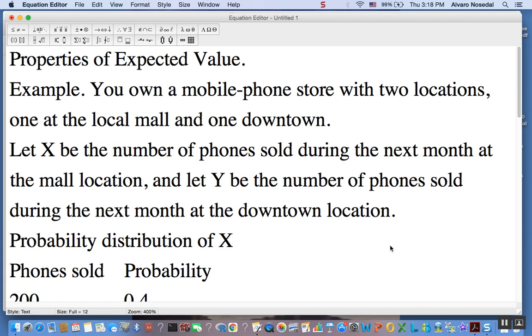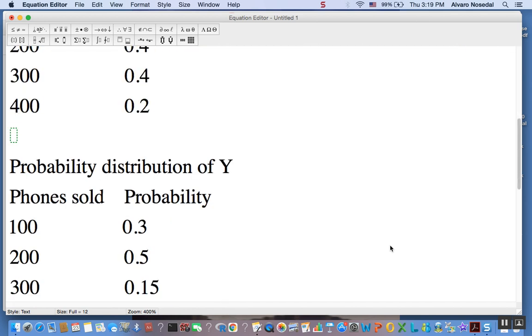In the case of the mall location, you're going to have a profit of $25 per phone. And then it turns out also that the profit at the downtown location is $35 per phone. Okay, so let me write that down.